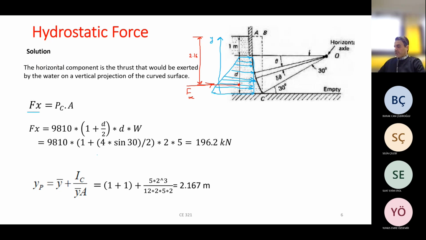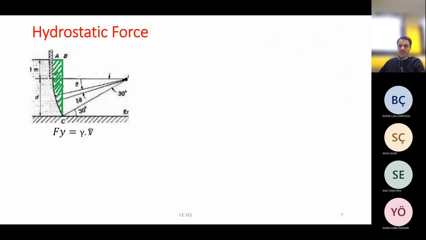Okay, so in the next step, I have to find Fy. Fy, as I told, equals gamma times V, or Fy equals the weight of water above the curve. You see, again, I show here the water above the curve in green, which represents the imaginary water, because actually above this curve we have atmosphere.